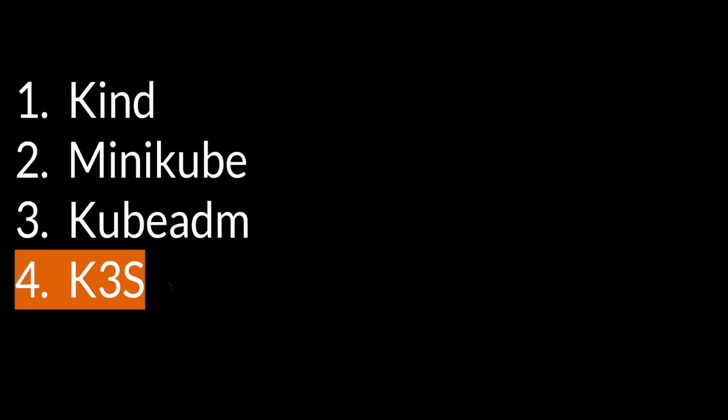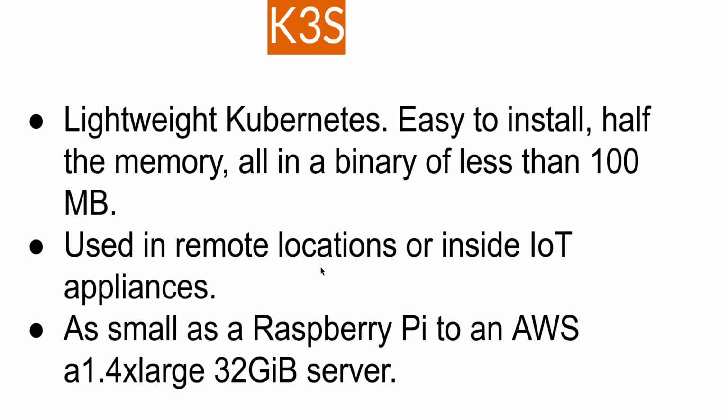So we're going to look at K3S in this tutorial to explore some of the options. So K3S is a lightweight Kubernetes. It is easy to install. It's half the memory, and the binary is less than 100 MB. It's used in remote locations and inside IoT appliances because it's very lightweight and has small memory. It can be used on a Raspberry Pi or on a bigger server like AWS 4x large.